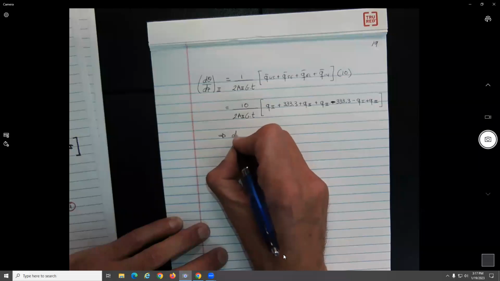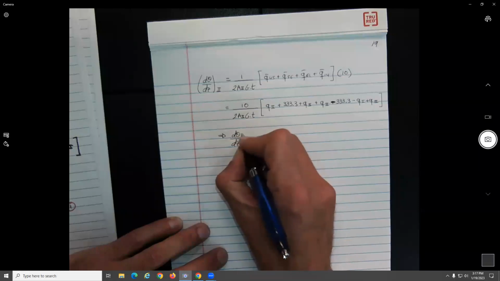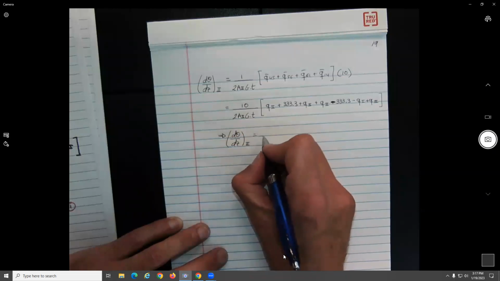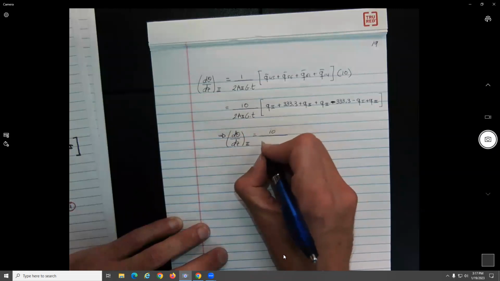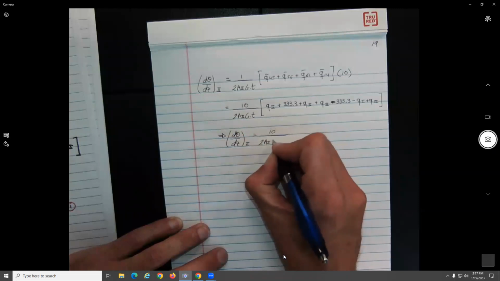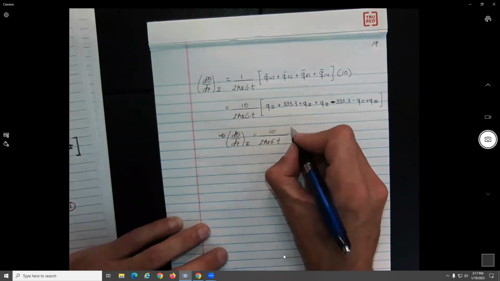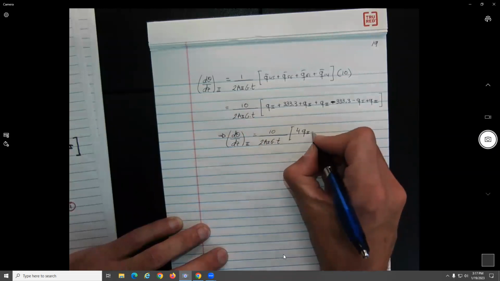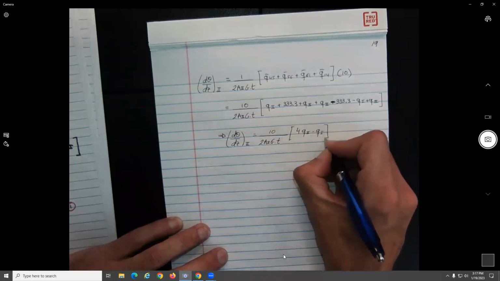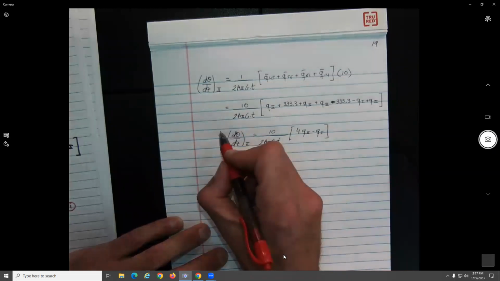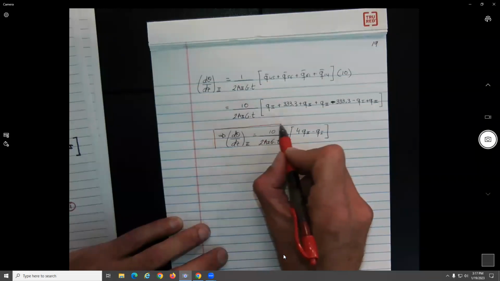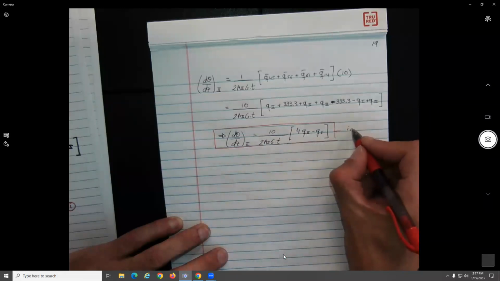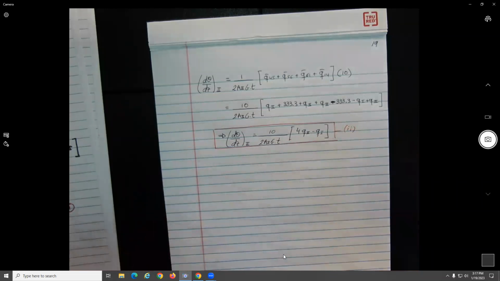So this gives you d theta dz of 2 equals 10 over 2 A2 G dt of 4 Q sub 2 minus Q sub 1. And let's say that would be Roman 2.